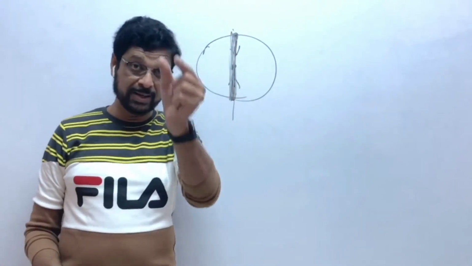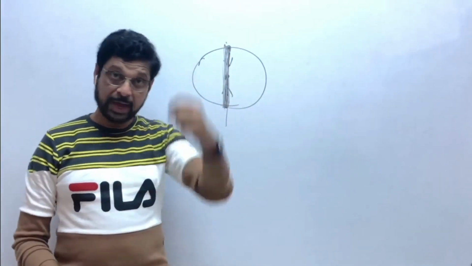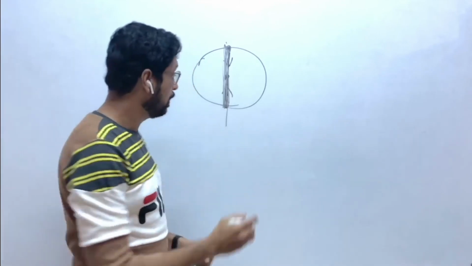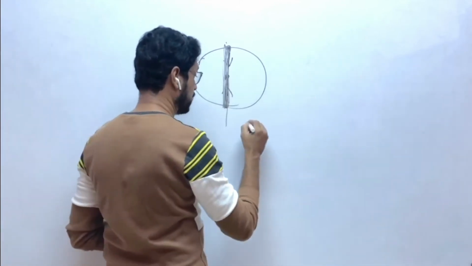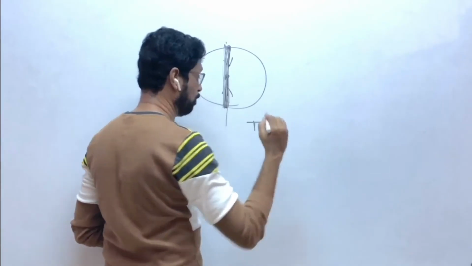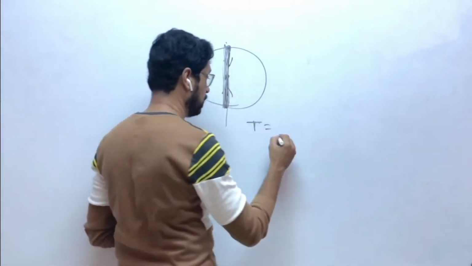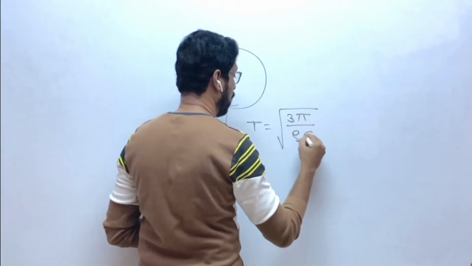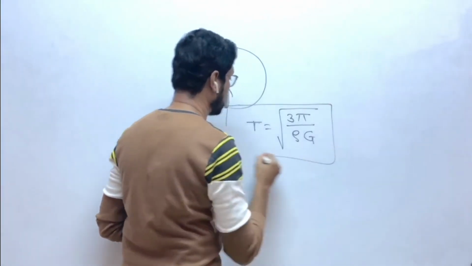If a tunnel is dug along the diameter and a body is dropped into it, it will perform simple harmonic motion. And without going into derivation, the periodic time of that simple harmonic motion is under root 3 pi upon rho G. Just remember this formula.